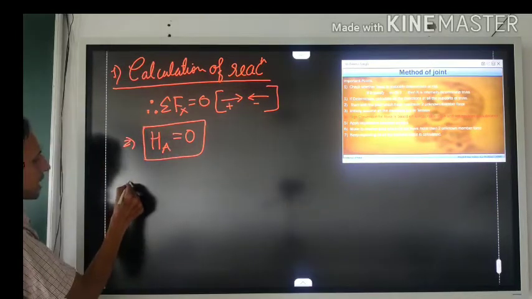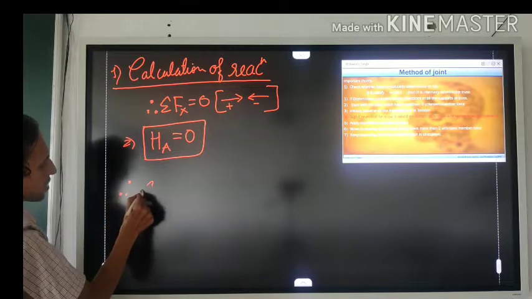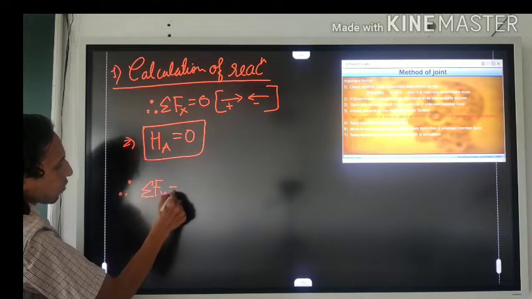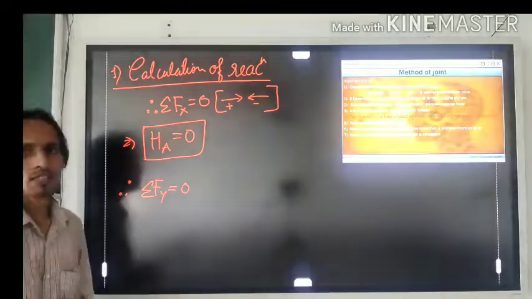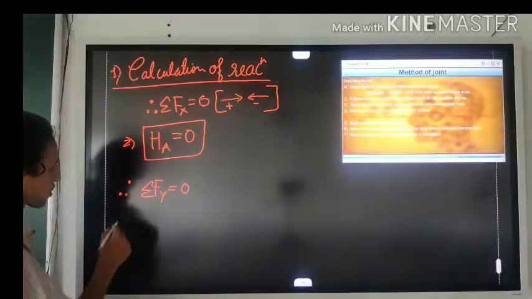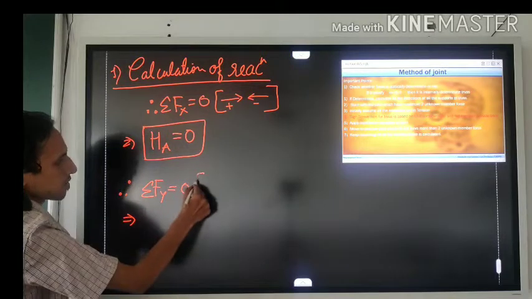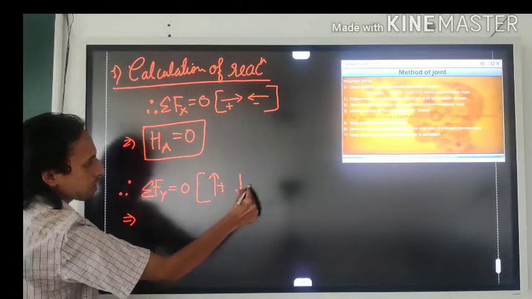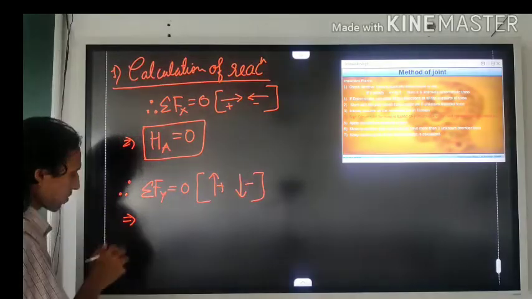Okay, then again, another equation is summation of forces in y direction is 0. So the sign convention is upward direction positive, downward direction negative.